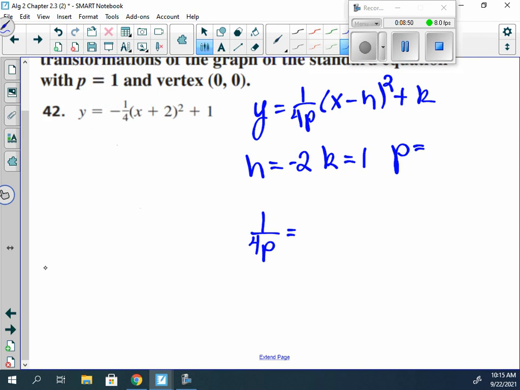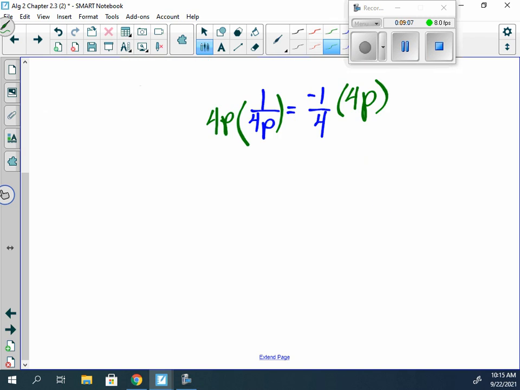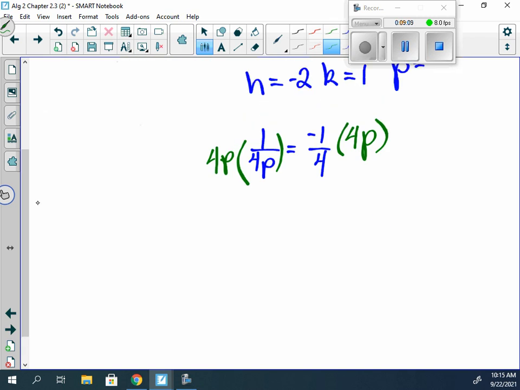So we're saying 1 over 4p is equal to negative 1 over 4. Since the numerators are both 1, we could say that 4p is equal to negative 4, because since the tops are both 1, we can set the denominators equal to each other.